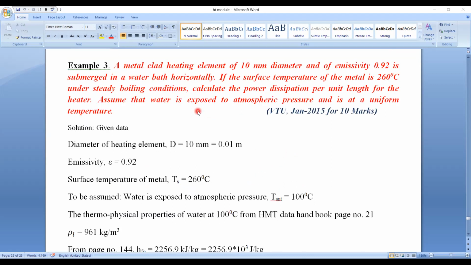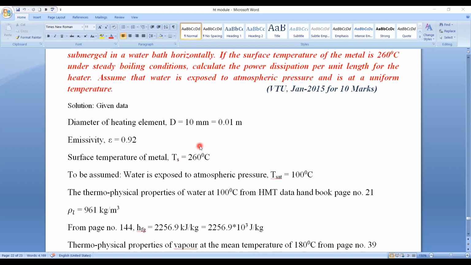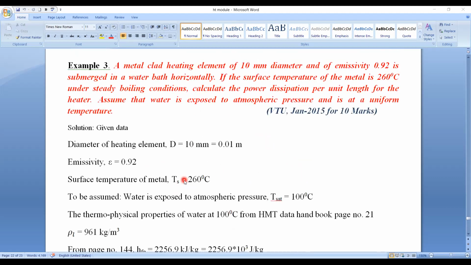It should be noted that whenever the atmospheric pressure is given, you are supposed to consider the saturation temperature as 100 degrees centigrade. Now this is a different problem from the previously solved two problems. How? The surface temperature is 260 degrees centigrade, and the saturation temperature is 100 degrees centigrade.